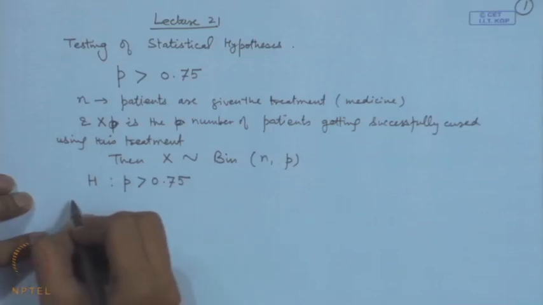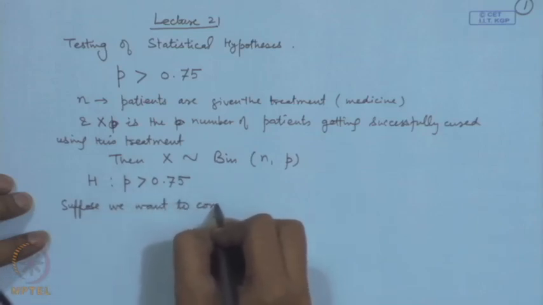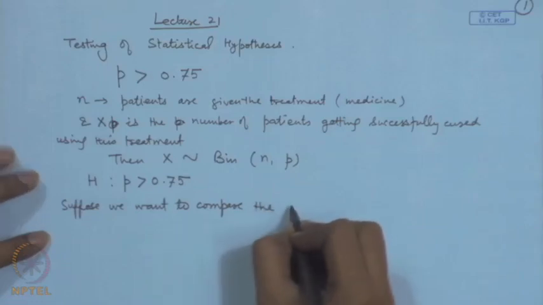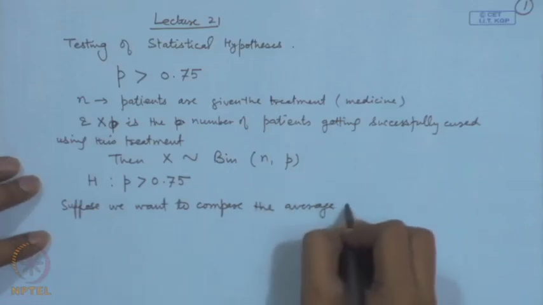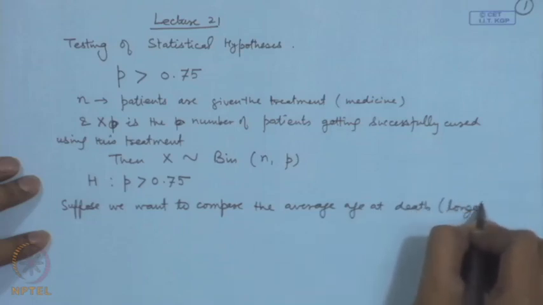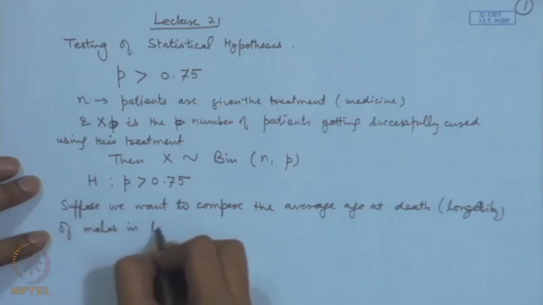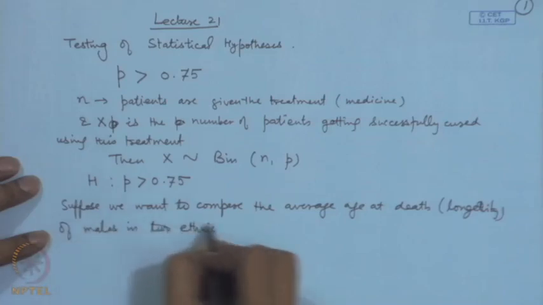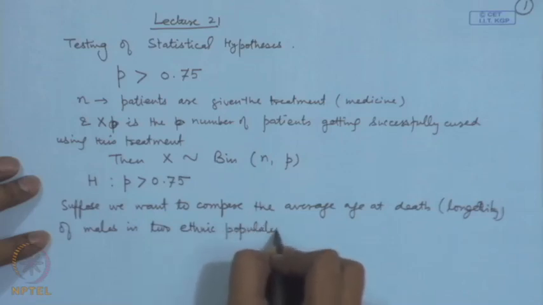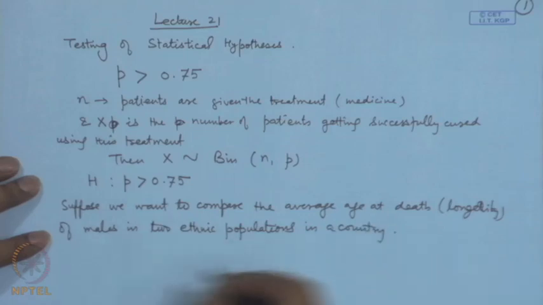Similarly, let me state another problem. Suppose we want to compare the average age at death, that is called longevity, of males in two ethnic populations in a country. So, let us say there are two ethnic populations.